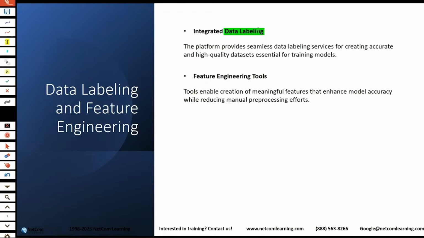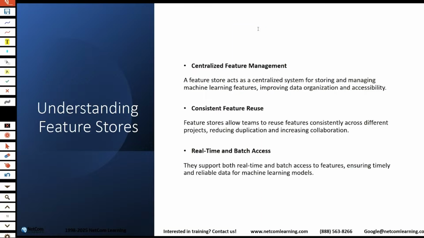In that case, the platform allows you to provide a high quality data set for label data. And it will include the feature engineering tools, and all of them come together to provide you again that enabling environment that can help you solve the problem.